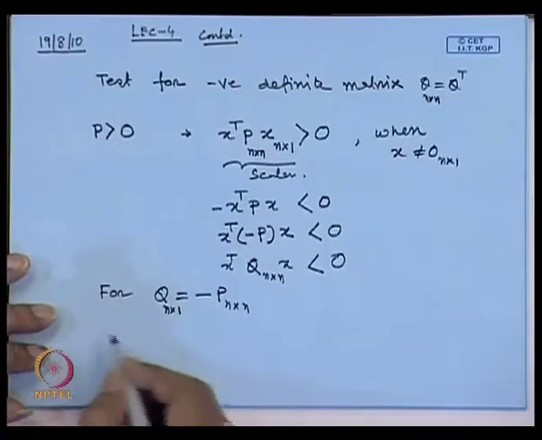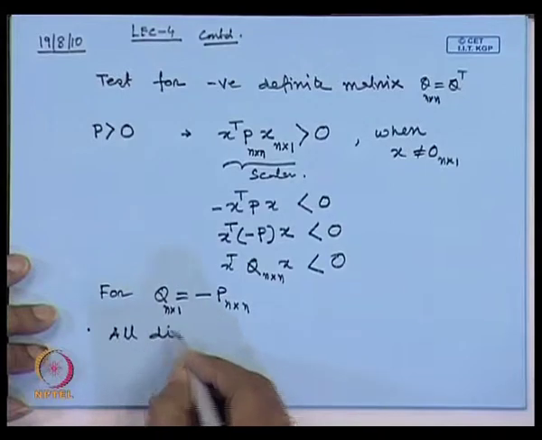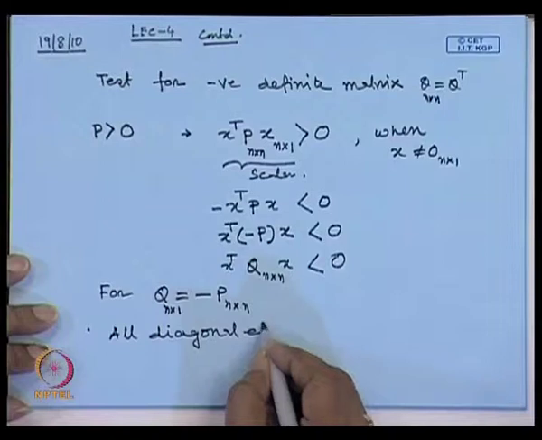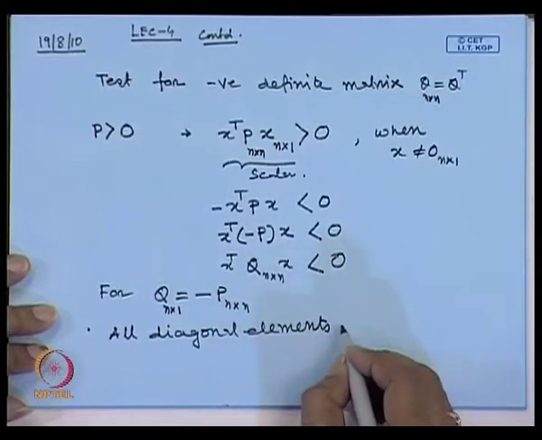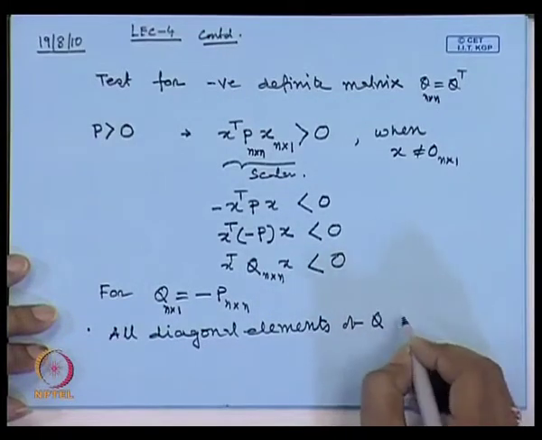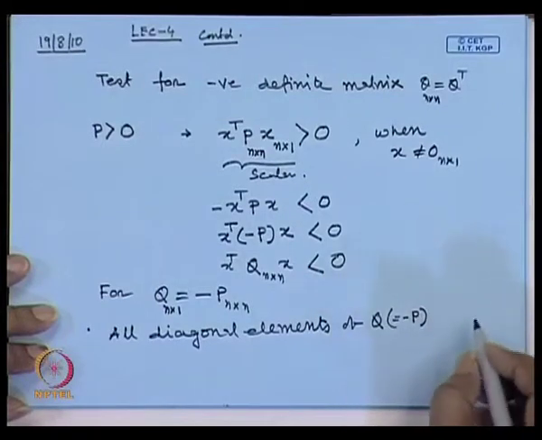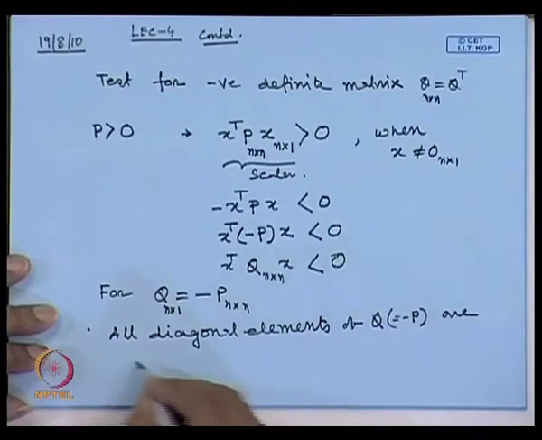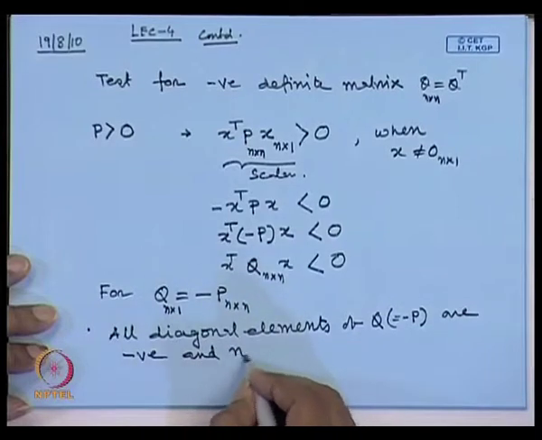So our test for this is that all the diagonal elements of Q are negative and non-zero numbers.